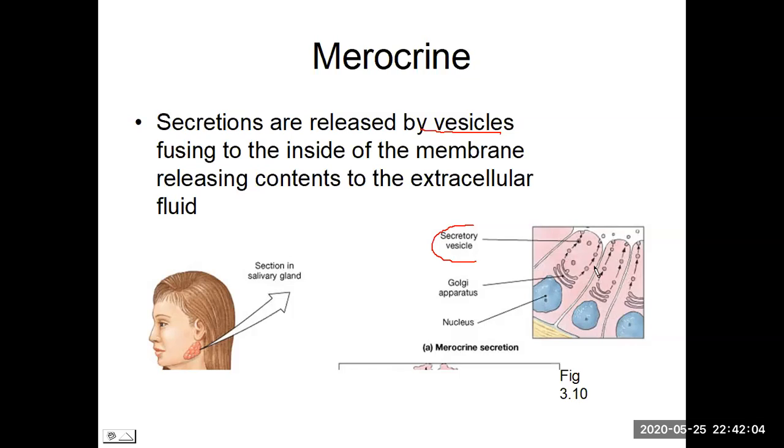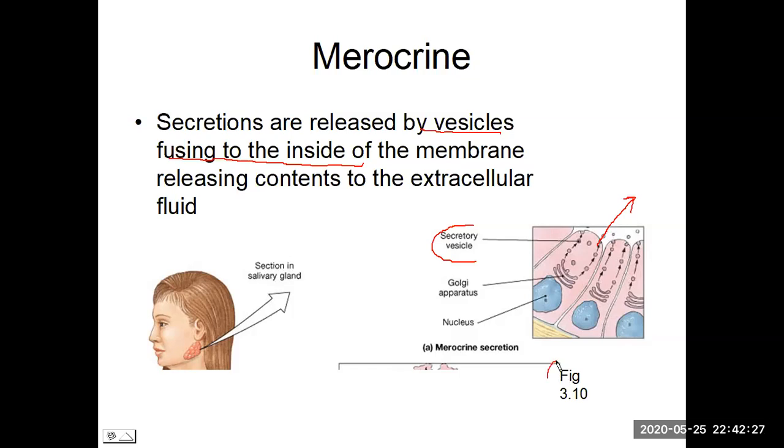And as the arrows show, these vesicles now migrate and contact the cell membrane. Once they fuse onto the inner surface of the cell membrane, that opens up a small pore, and the contents of that vesicle can now be released into the duct structure.